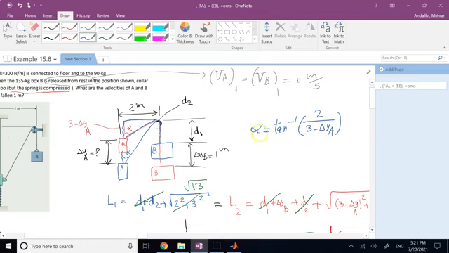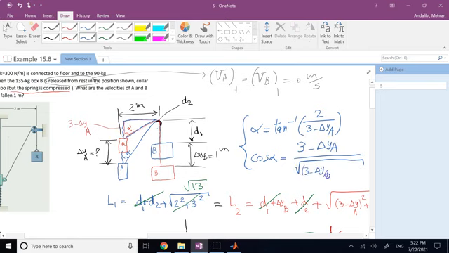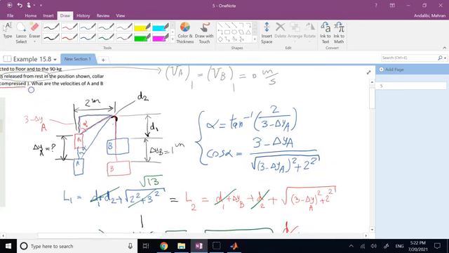Correct? And if I also ask you what is cosine of alpha, because that's what we need, you say it is the adjacent, which is 3 minus delta Y of A, divided by the square root. Correct? So that is cosine of alpha.